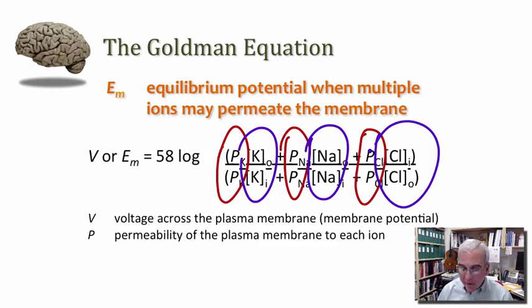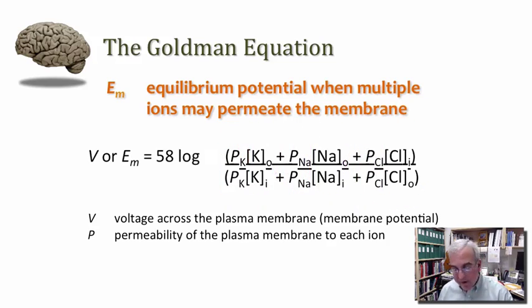Now you may be wondering, why is the ratio of chloride inside to out reversed compared to what we see here for potassium and sodium? So in order to keep the math as simple as possible, we simply flip the sign of the ratio for chloride, knowing that chloride is an ion with a valence of -1, whereas potassium and sodium are monovalent cations with a valence of +1.